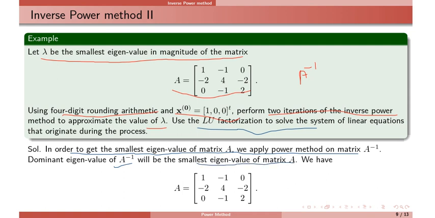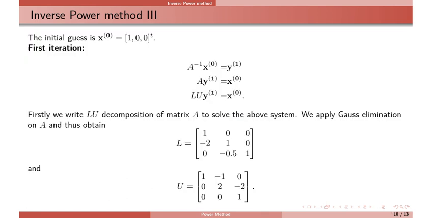So you have this matrix A, and the initial guess is given. What will be the first iteration? A inverse multiplied by the initial guess equals y1. Now you can calculate A inverse with a calculator and then multiply with x0 to get y1.